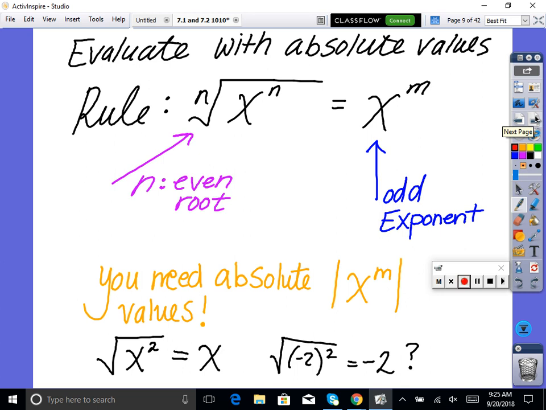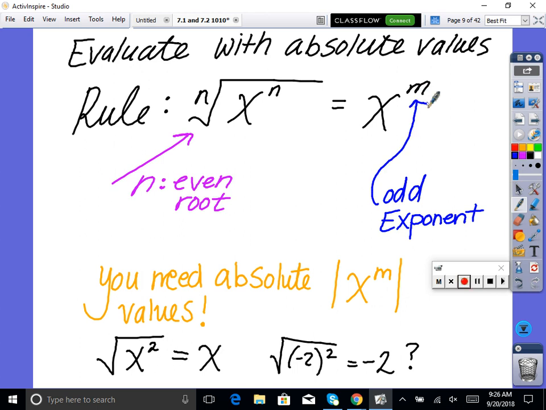So now moving on to the next rule here. When we're simplifying, would we need to put absolute values in our answer? So here is the rule, which we did learn in Sec 2, so just a reminder. If we have an even root, we're only going to get positive answers. There is no possible way to get a negative answer when dealing with an even root. It's either going to be positive or i.